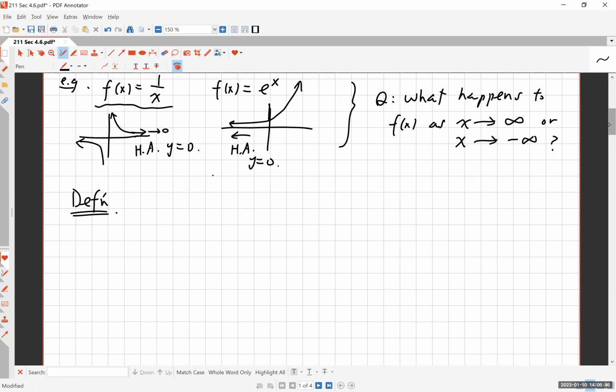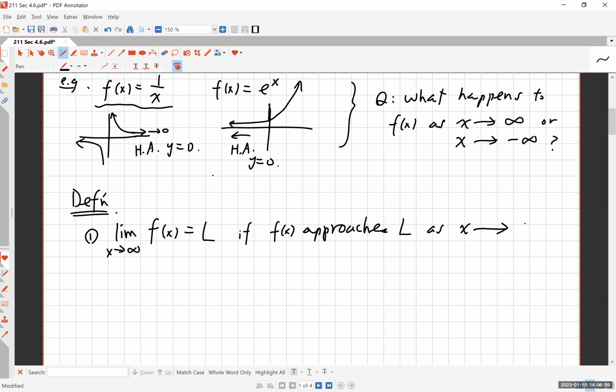Number one, we say the limit of f of x as x approaches infinity is equal to L if f of x approaches L as x approaches infinity. Now that's like saying, well, of course, that's exactly what this means. I mean, that's what it says, right?